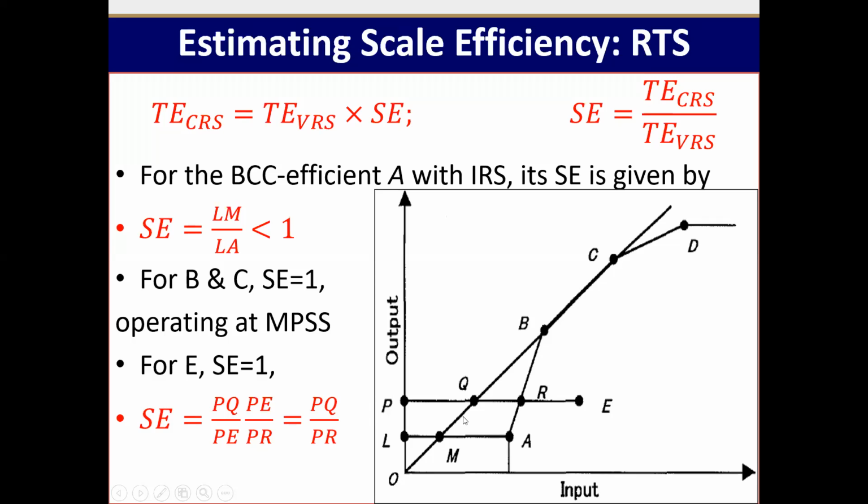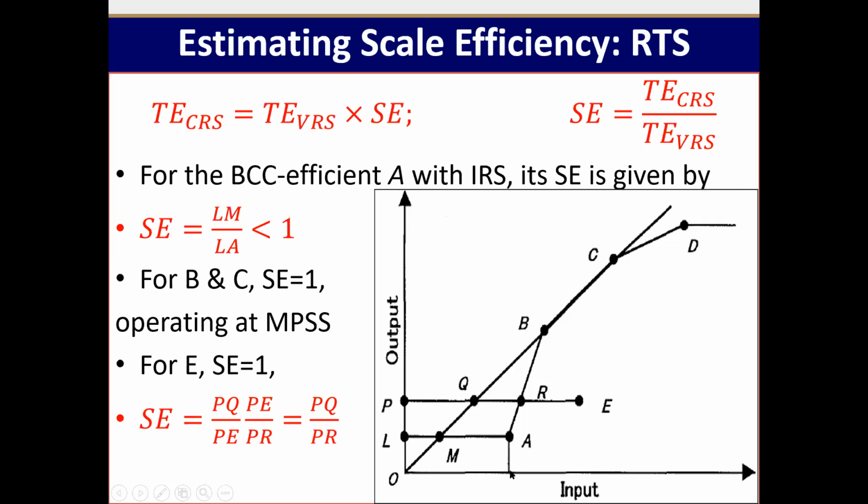That is the constant returns. Now, remember, this is output on the vertical axis and input on the horizontal. Constant returns says that, remember that line OC is a 45-degree line. Actually, I can spend a whole hour on this slide.